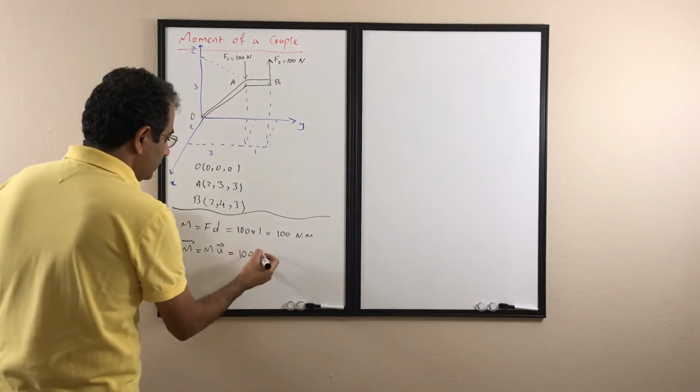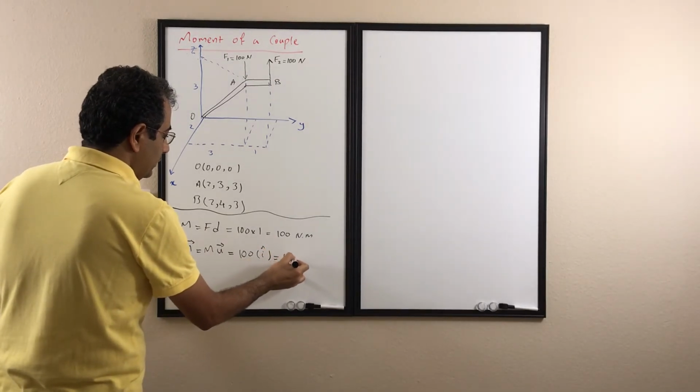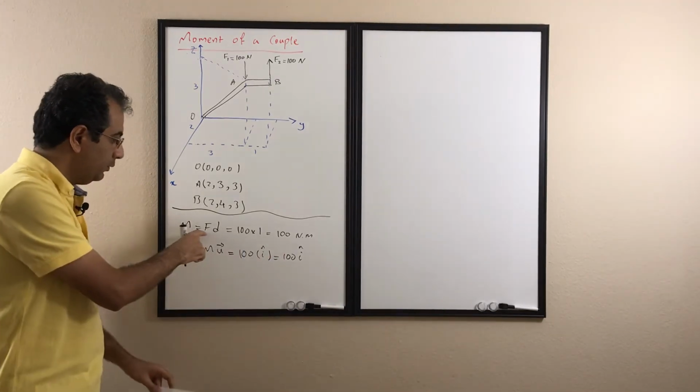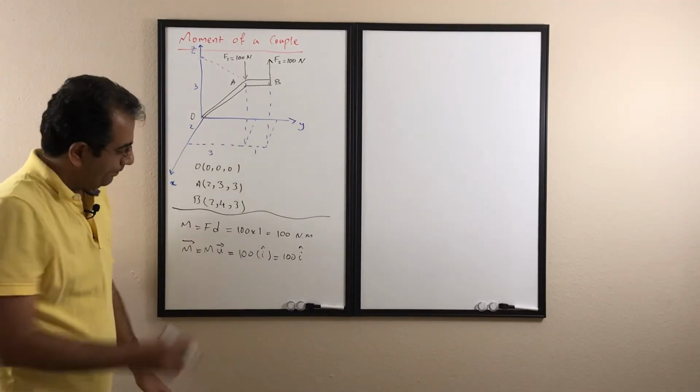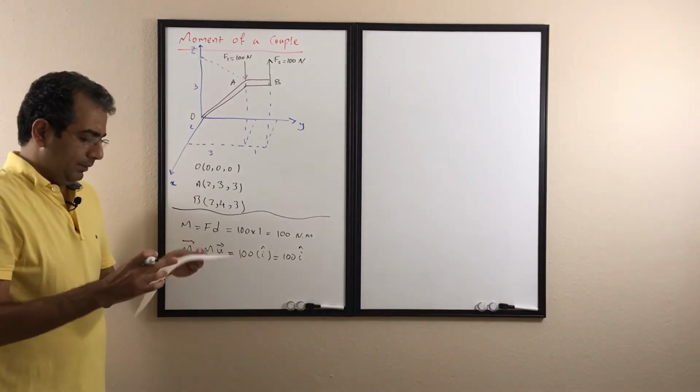So it's going to be 100 i. That's the simplest way of doing it, if we know the normal distance.